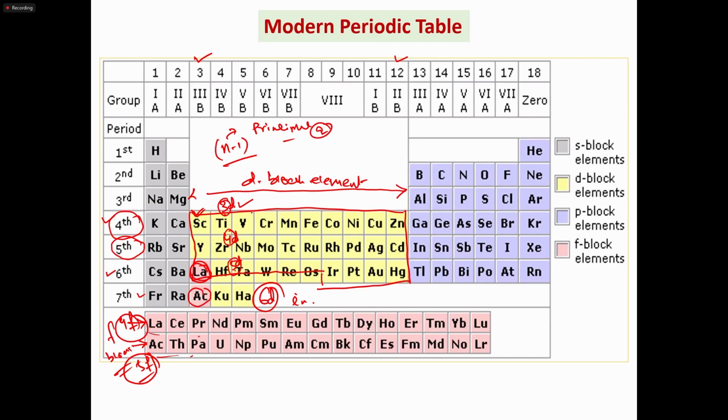Another thing is that d block elements are those in which the last electron goes into the d orbitals, and the d orbitals are progressively filled.